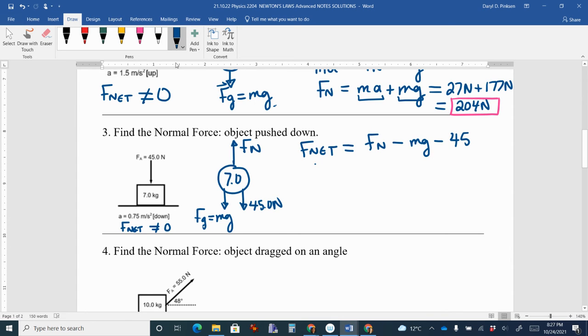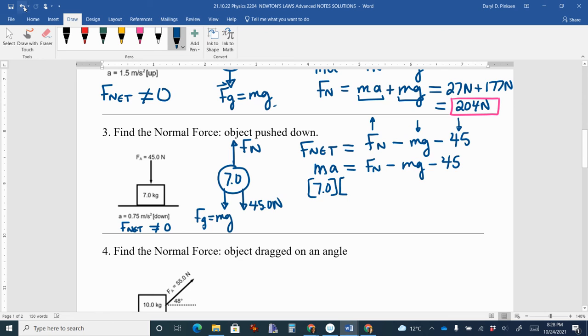The F net is MA. The M is 7 kilograms. Now, you can see here that I've put the normal force in as positive, and the weight and the 45 I've put in as down.